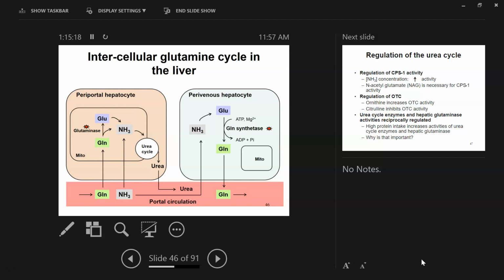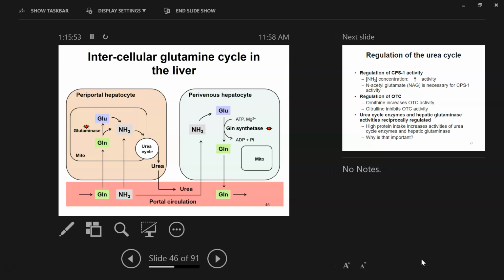And perivenous hepatocytes just serve as a backup mechanism to pick up the ammonia that cannot be picked up by periportal hepatocytes. And the mechanism is also different, right? In the perivenous hepatocyte, glutamine synthesis is the mechanism to remove ammonium.